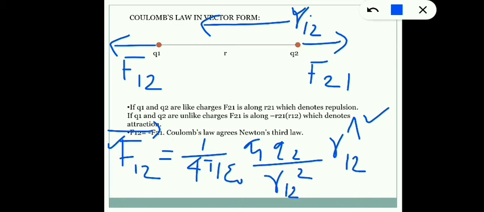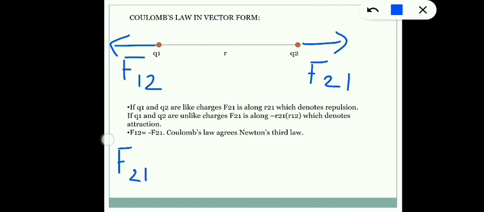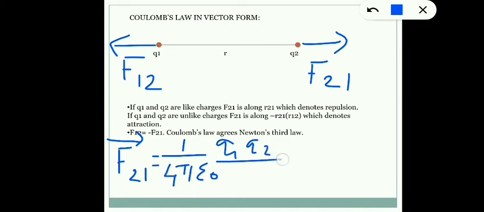Then how will you write F21? F21 is equal to 1 by 4 pi epsilon naught into Q1 Q2 by R21 square into R21 unit vector. You know F21 is the force acting on charge Q2 due to Q1.